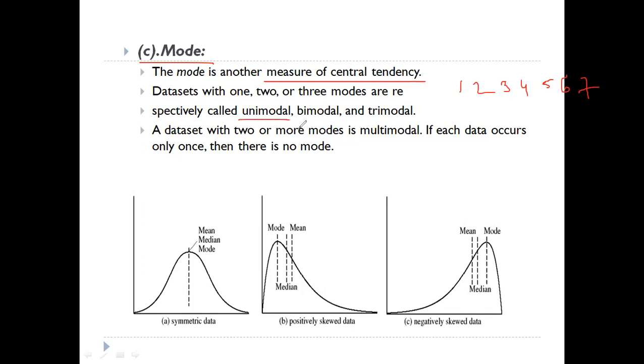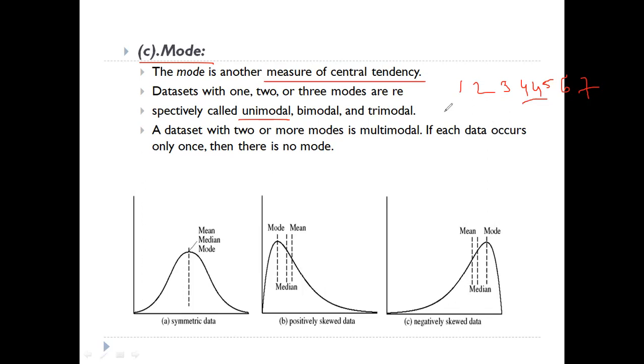Unimodal representation. For example, if two 4s are there within your data set, this data set has two 4s, 4 and 4, right?